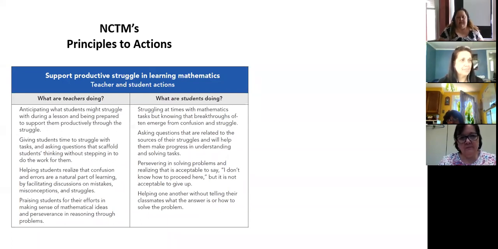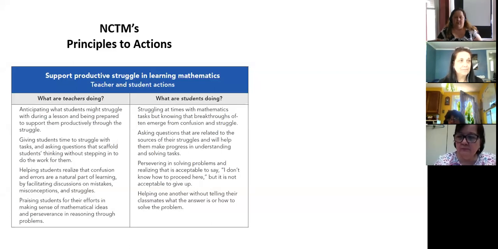And really, it's about supporting that struggle and letting them work through some of that mathematics, either on their own or in a small group, because they learn from that. If you think about as an adult and working through a problem, we learn the most when we really struggle through something.